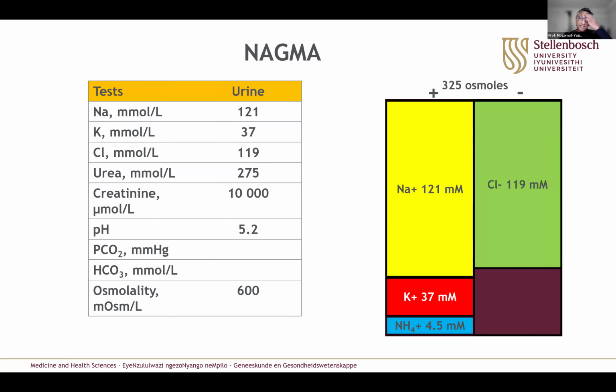Okay. So a lot of textbooks, if we look at this as the urine, they will say you must add the sodium plus the potassium minus the chloride, which is the urine anion gap or the urine net charge. And if the urine net charge is negative, it would indicate that there is ammonium in the urine.